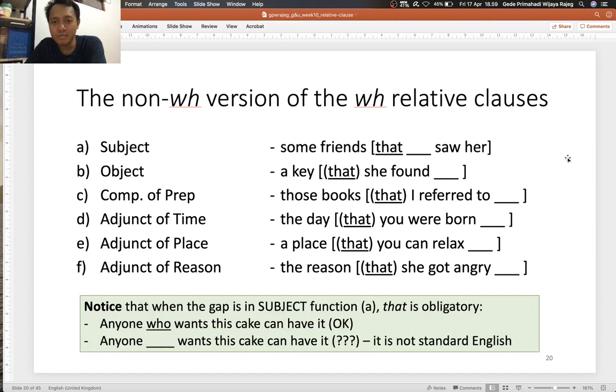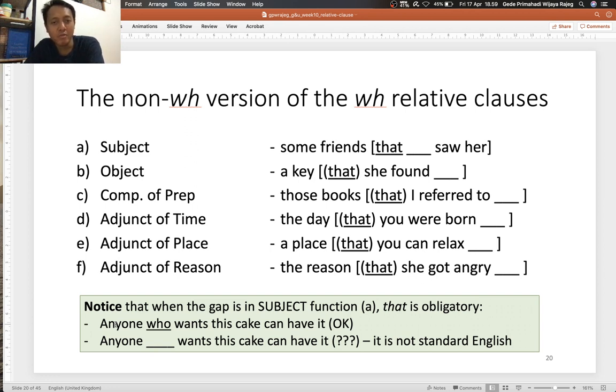All right. Now, what is important to notice here is that when the gap, when the relativized element is in the subject position, such as example A, the relative pronoun has to be present. So you cannot omit the WH pronoun or the that pronoun. Like in this example, anyone who wants this cake can have it. That's fine.